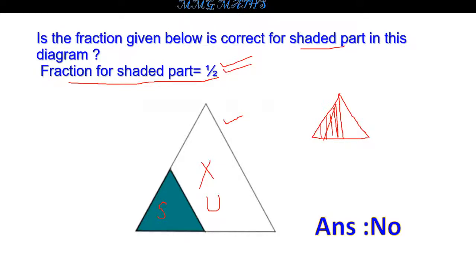Okay, or if this triangle is divided into 2 parts in this way, look here, in this way. Okay, so here again you can see yes ma'am, this is half. Okay, but in this case it is not half because it is not divided into equal parts. So this answer is wrong. Here our answer is wrong.